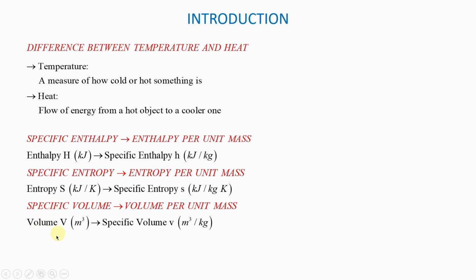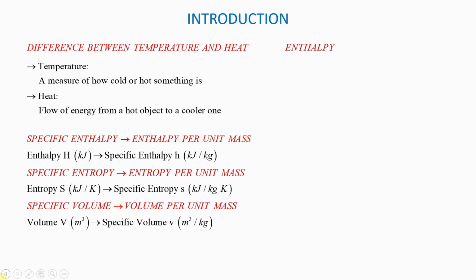For volume, we use the capital letter V. The unit for volume is cubic meters. And so specific volume will be cubic meters per kilogram, because we divide the volume by the mass. The symbol that we use is small v, because with specifics, we use small letters to represent them. Very important.